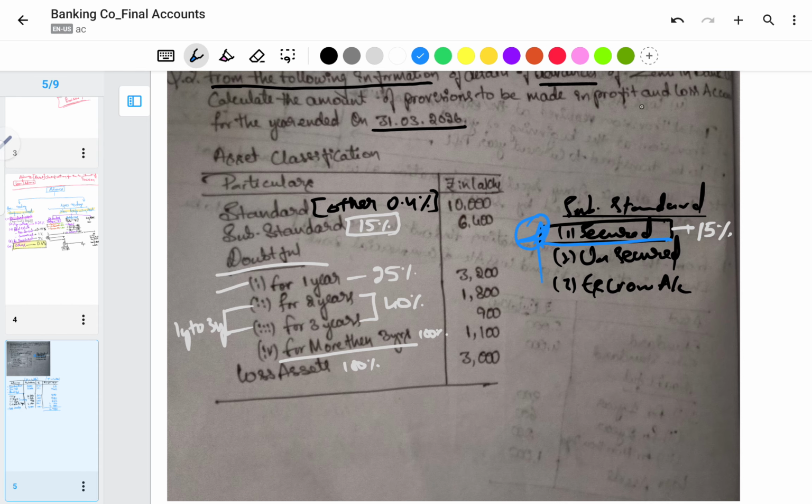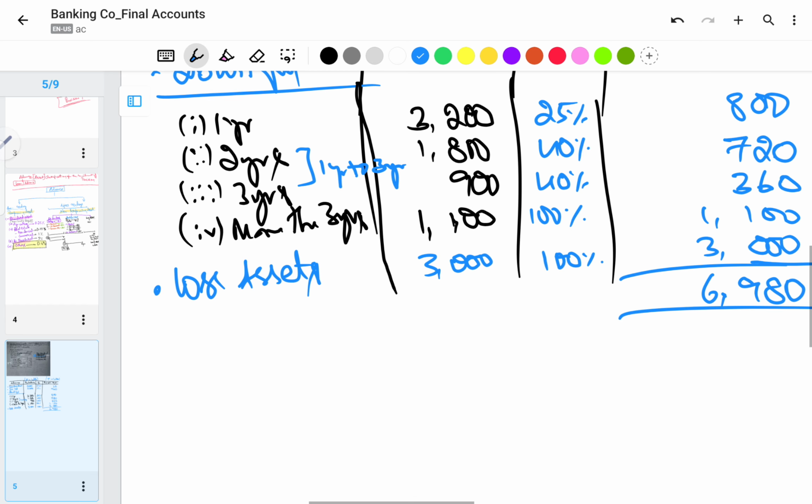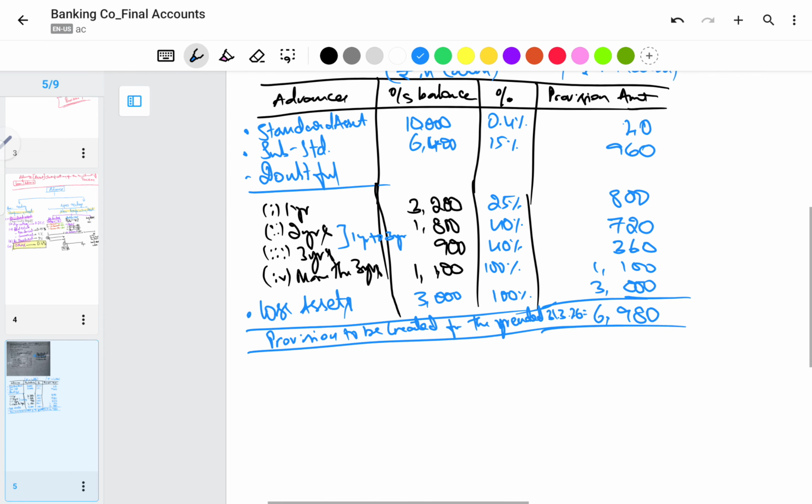The provision to be made in the P&L account for the year ended 31st March 2026 is 6,980 rupees.